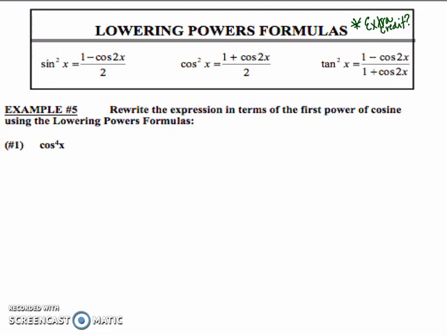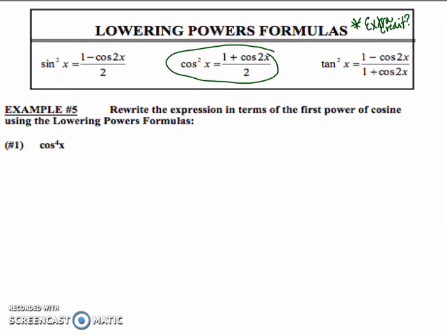So what they are asking us to do here in our last example is to rewrite the given expression cosine x to the 4th power in terms of the first power of cosine using the lowering powers formula. So obviously for this particular example, we're going to be looking at this formula right here. Okay, we're going to be using the cosine one because that's what we were given in the original problem.